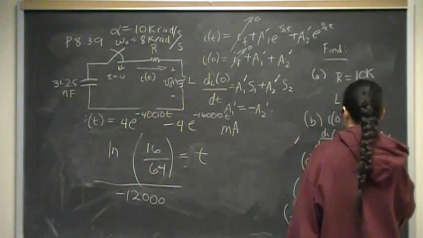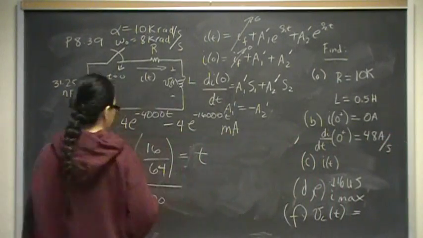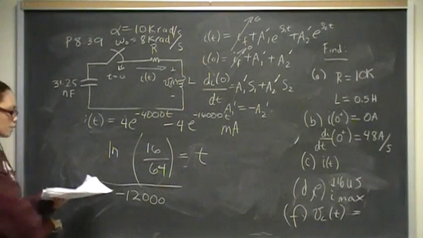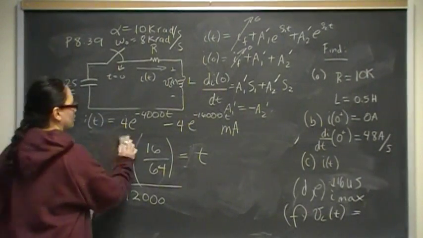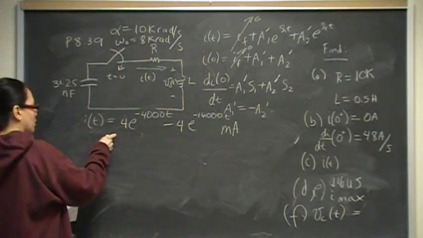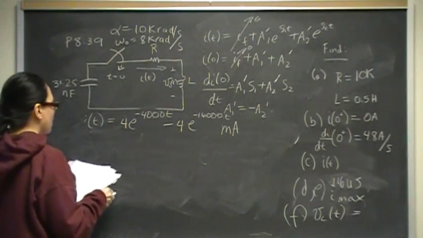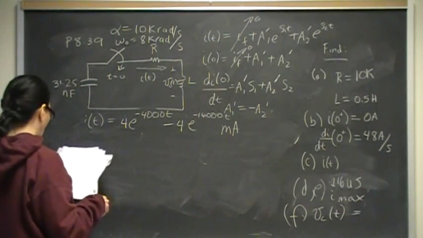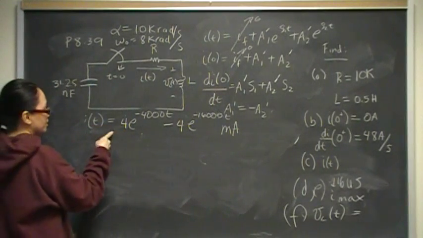116 microseconds. The actual maximum itself, we don't even need to go back in the video. This is easy to solve. So for the maximum, at this time, all you have to do is plug in 116 microseconds.